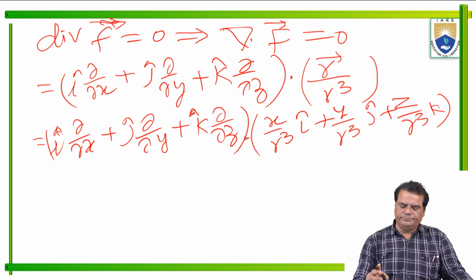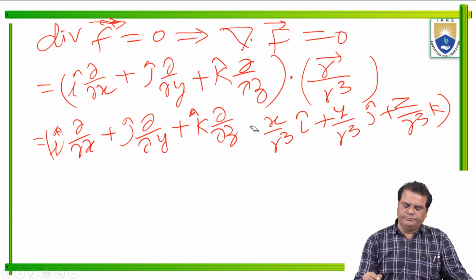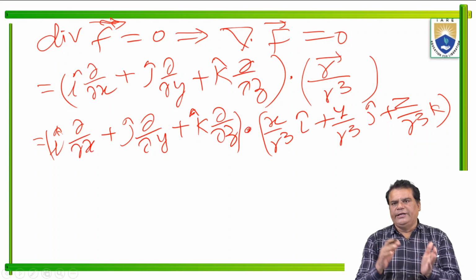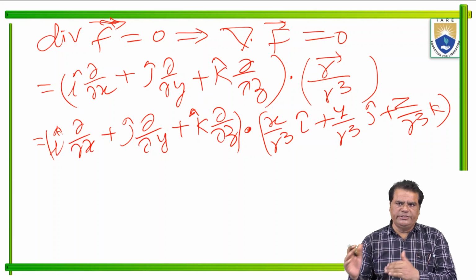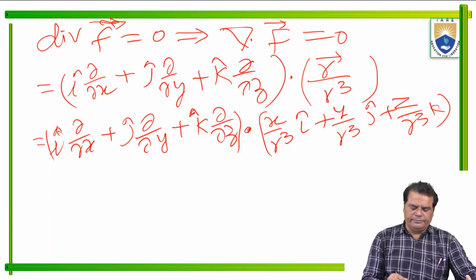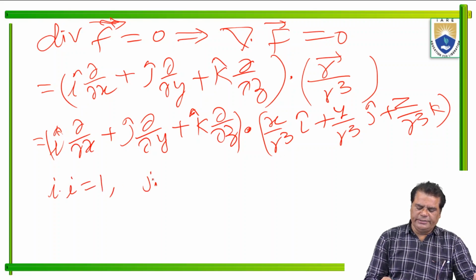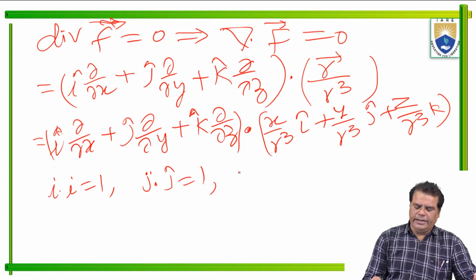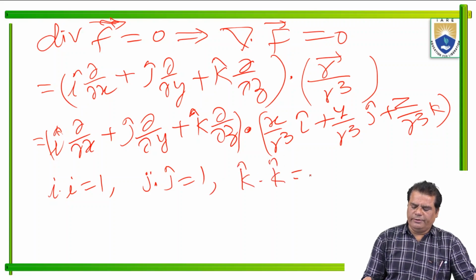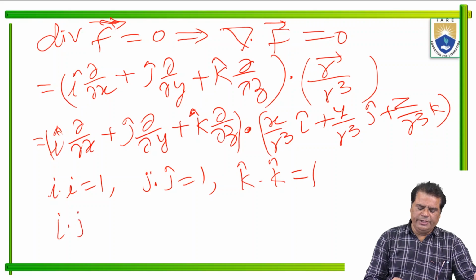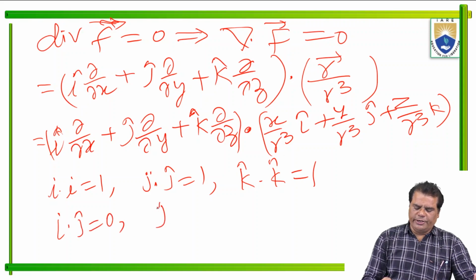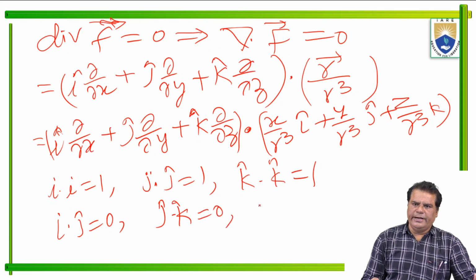Taking dot product of this bracket and this bracket. So dot product: i dot i is 1, j dot j is 1, k dot k is 1, i dot j is 0, j dot k is 0 and k dot i is 0.